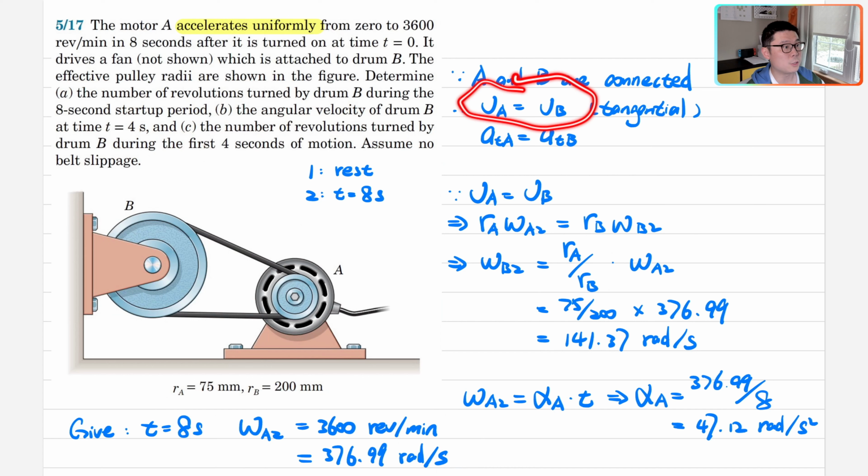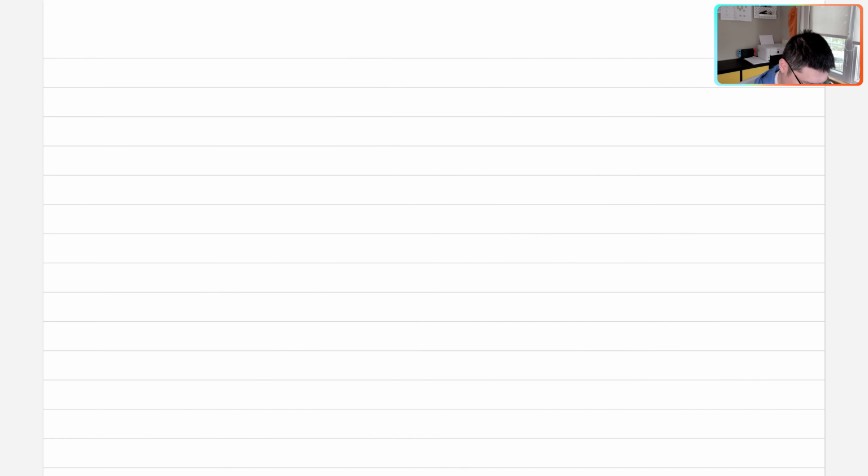We used this relationship to find the angular velocity of B. Now we can use this relationship to find the angular acceleration of B, right? Because we also have tangential acceleration of A equals tangential acceleration of B, and that means acceleration is r alpha, the radius times angular acceleration.